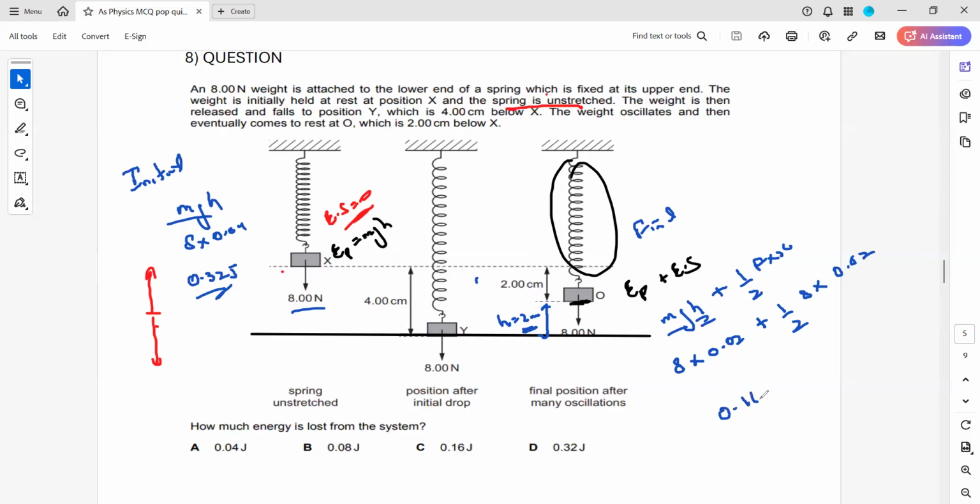So this will be 0.16 plus, when we simplify this, 0.08. So this will be 0.24. So 0.24 joules of energy it is having.